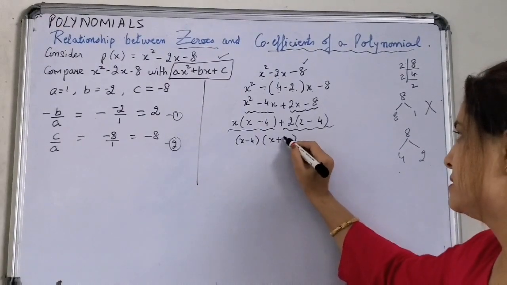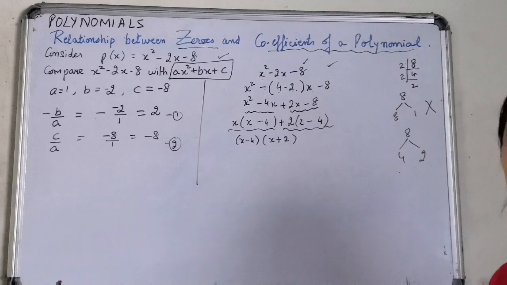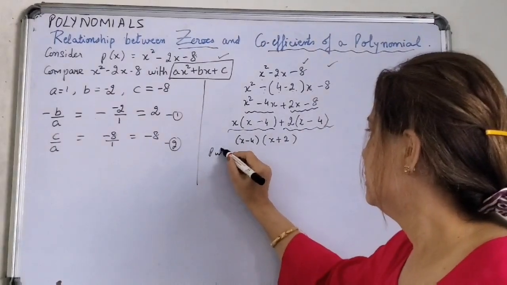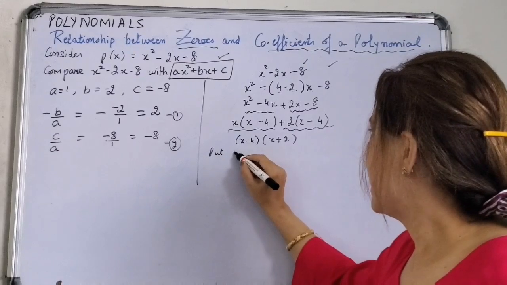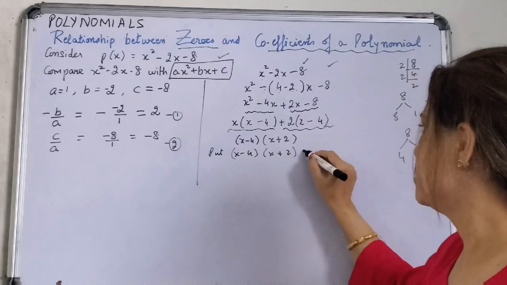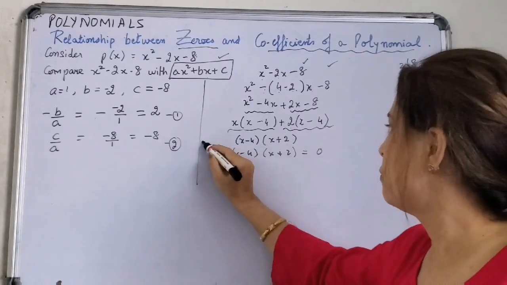These are the two factors of this polynomial. We have to find out the zeros. Put x minus 4 into x plus 2 is equal to 0. Must pen down the zeros.